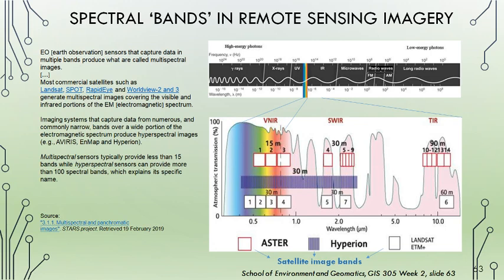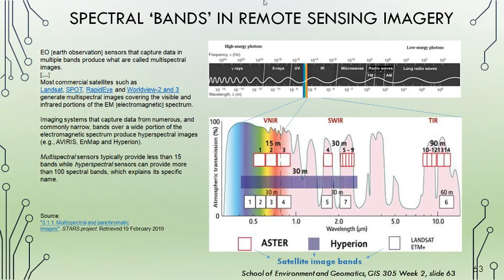So it's actually an image of the same target that is split into the different portions of the electromagnetic spectrum based on the sensor's capability to distinguish between these elements. So most commercial satellites such as Landsat, Spot, Rapid Eye, WorldView 2, 3, and 4 today generate multispectral images covering the visible and infrared portions of the electromagnetic spectrum.